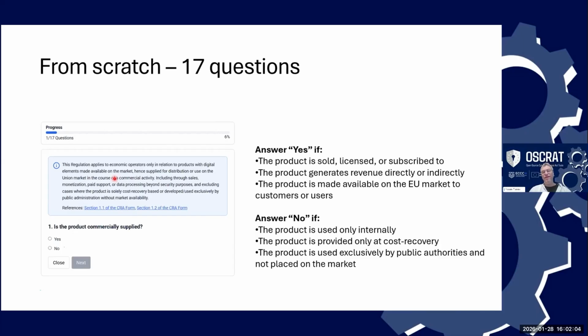But the idea is that we can get it down to 17 questions, and some of the questions can lead you to success and positive emotion if your product turns out to be out of scope.